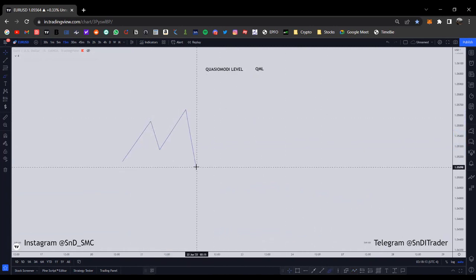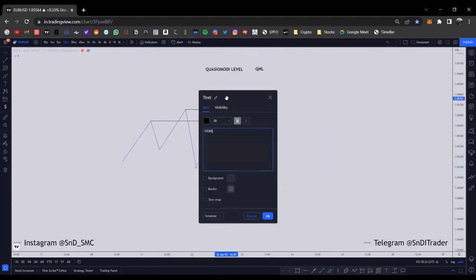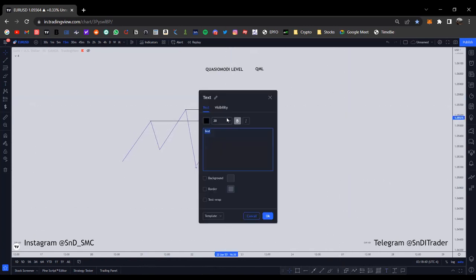So you will be looking for sells around the previous higher high, and the stop loss will be at this higher high. So the entry will be here, and the stop loss will be here, on the top.